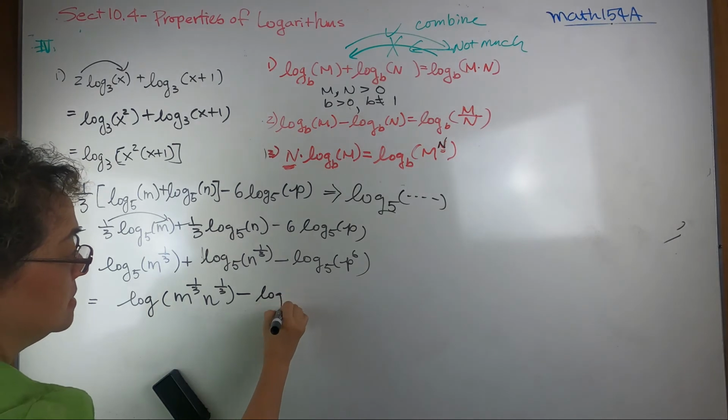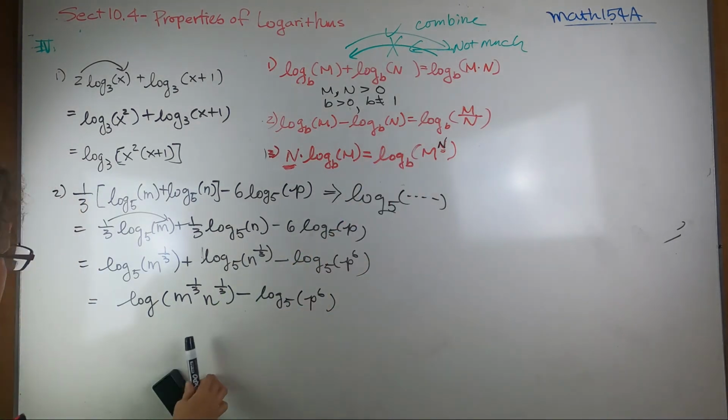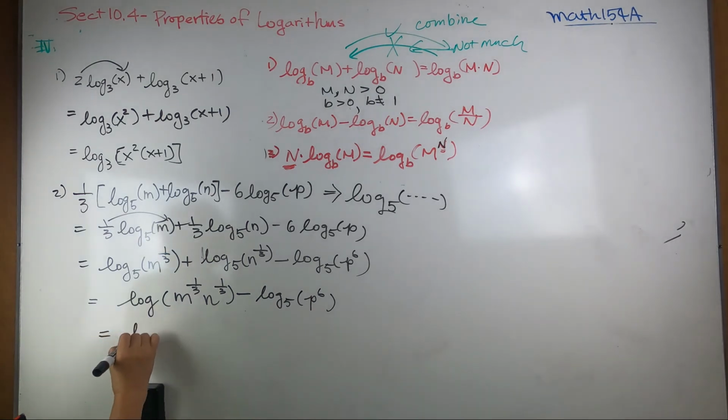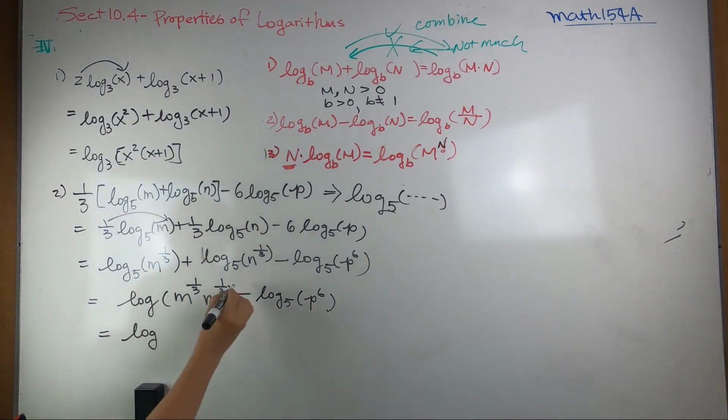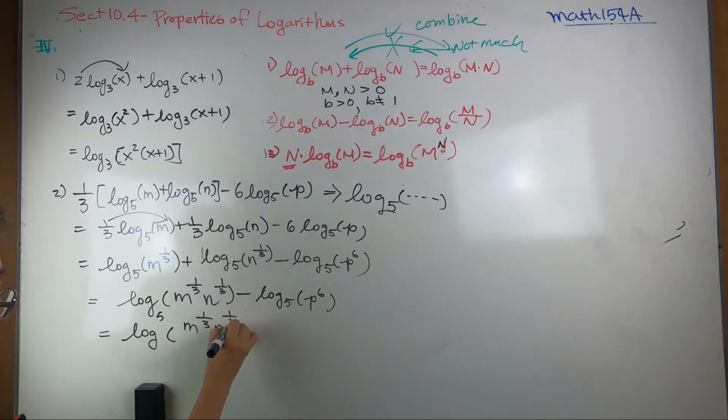And then when you subtract, we are going to divide. So what should we have? Log, oops, where is my base 5? Okay, so those are multiplying, then dividing on the inside. So you can just leave the answer this way.